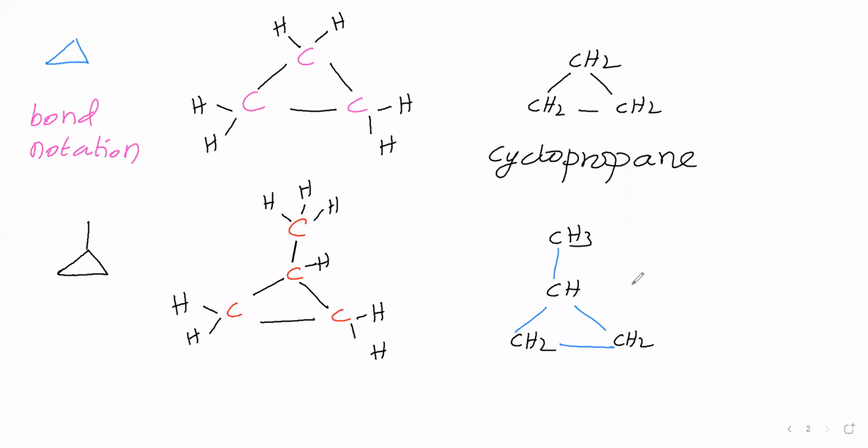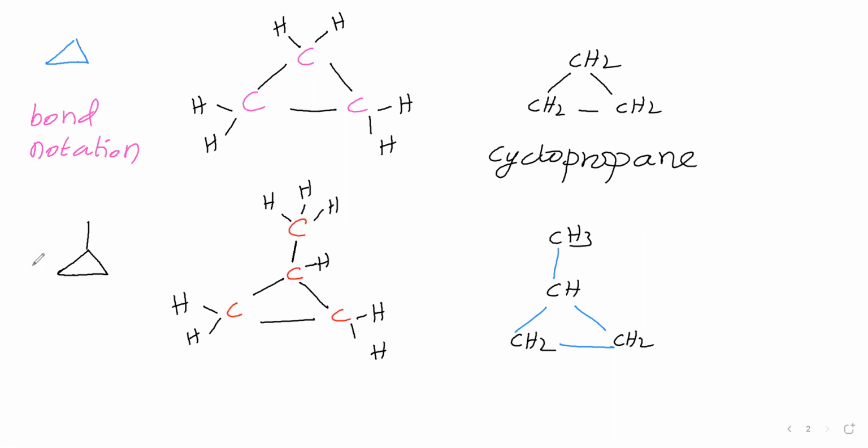Now we will say the name of this one. In this one, what we have to do means, in the cycle, how many carbons are there, that you take as parent and that you take as root word. The carbon which comes away from the cycle is the branch prefix.